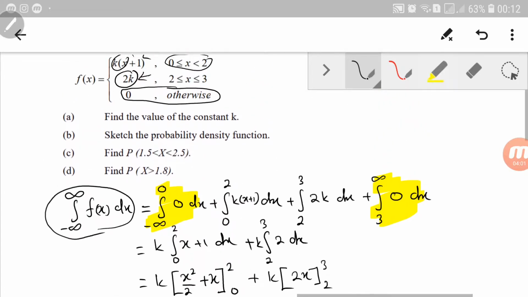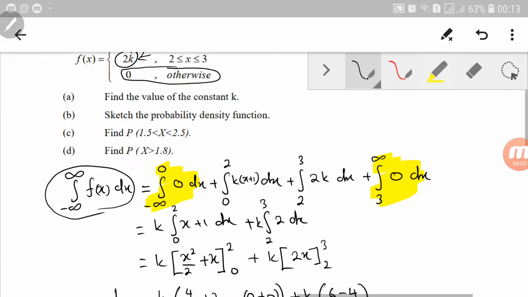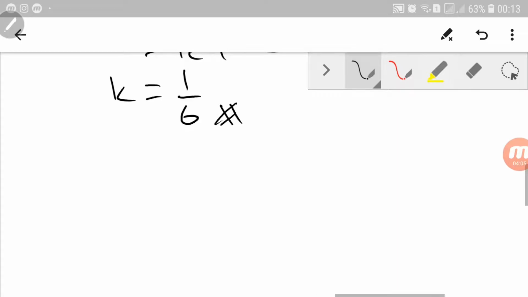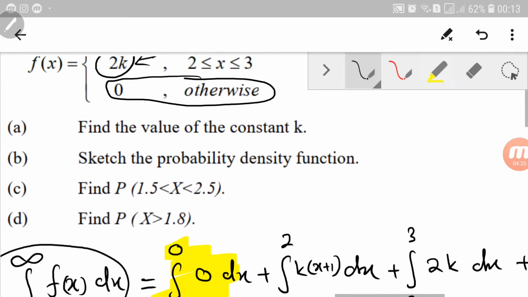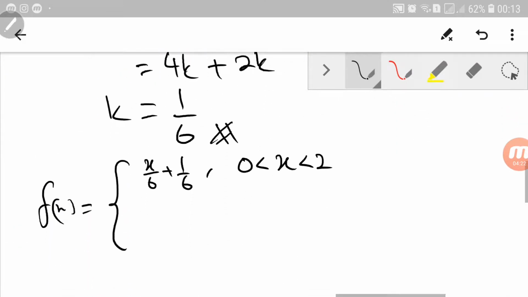So we can rewrite the small f there. So f(x) is x over 6 plus 1 over 6 when 0 is less than or equal to x less than or equal to 2, 0 and 2 included.